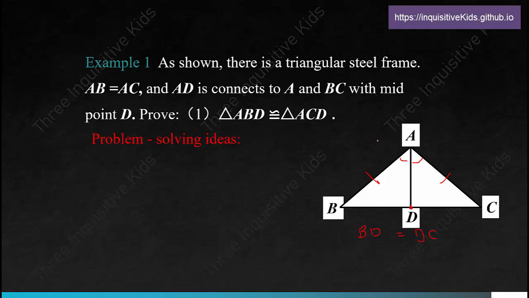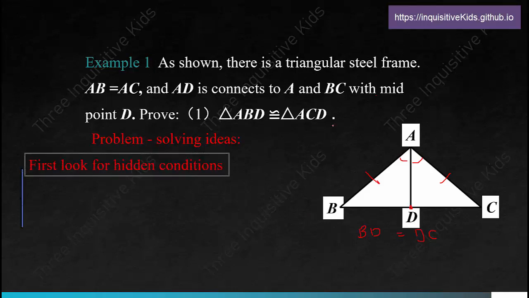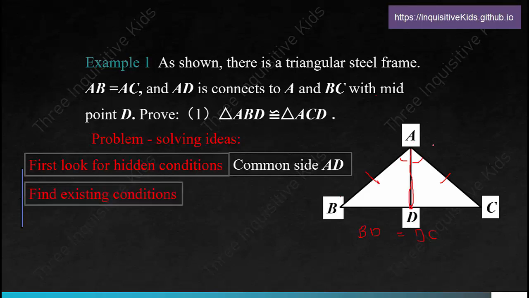So let's look at the solution. Right now we're trying to prove if triangle ABD is congruent to triangle ACD. So here are some problem solving ideas. First, we look for hidden conditions, which in this case would be the common side AD. Notice that AD is the shared side of triangle ABD and triangle ACD.